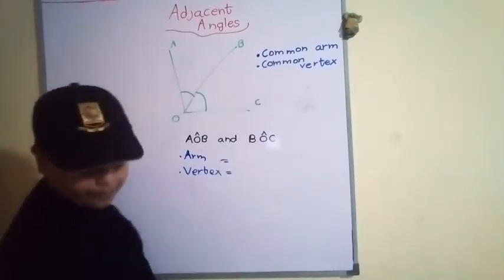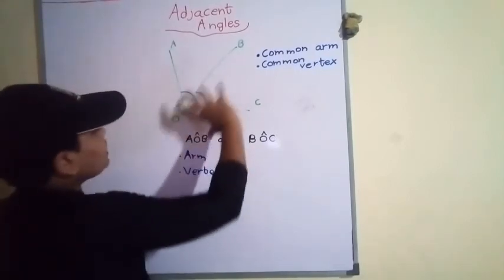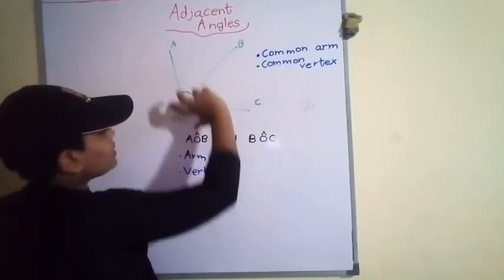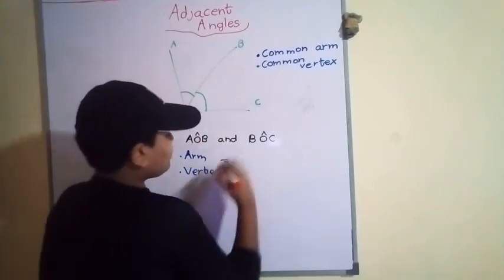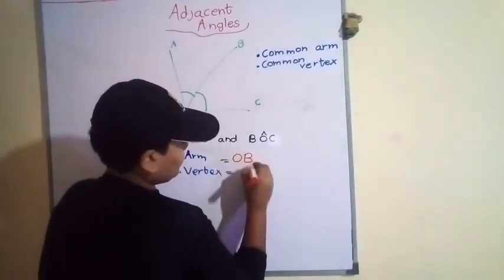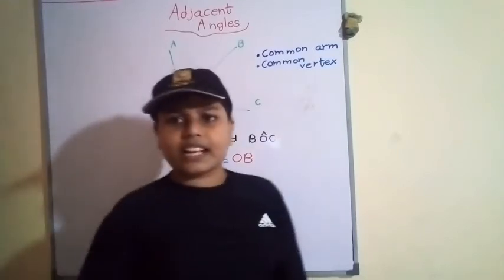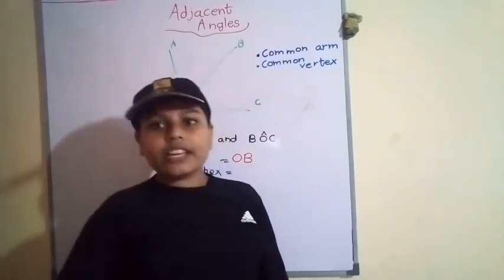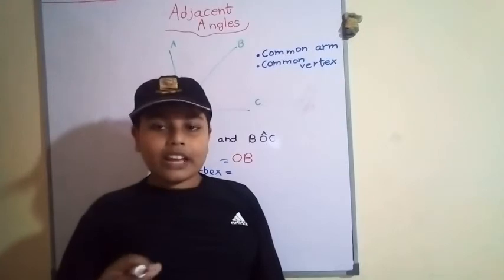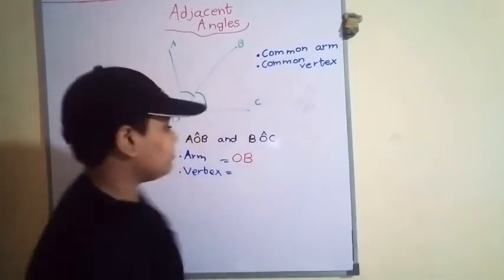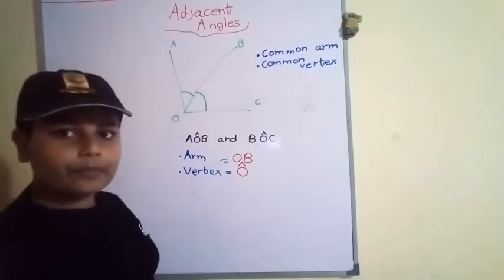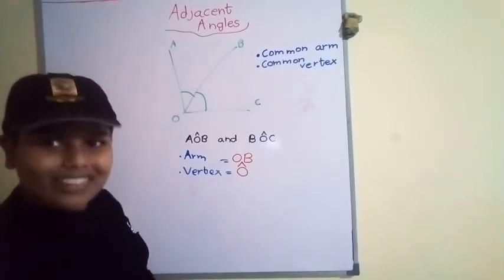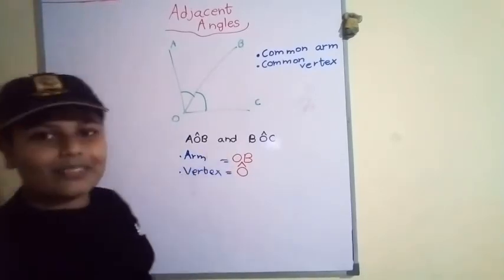Look, OB is connected to both AO and CO. The common arm is OB. What is the common vertex? AOB, BOC, AOC all have the vertex O. That is the common vertex in this figure.